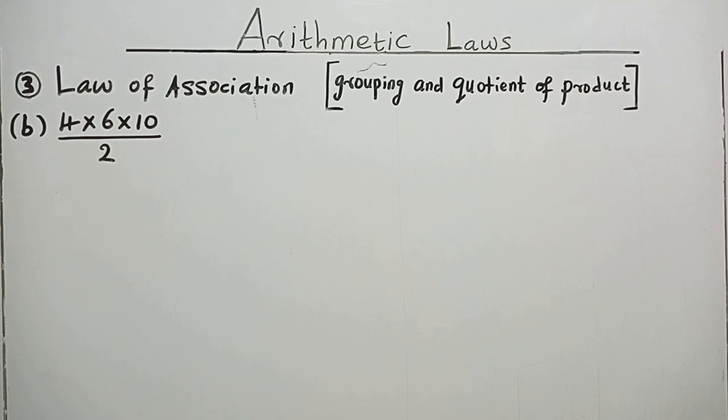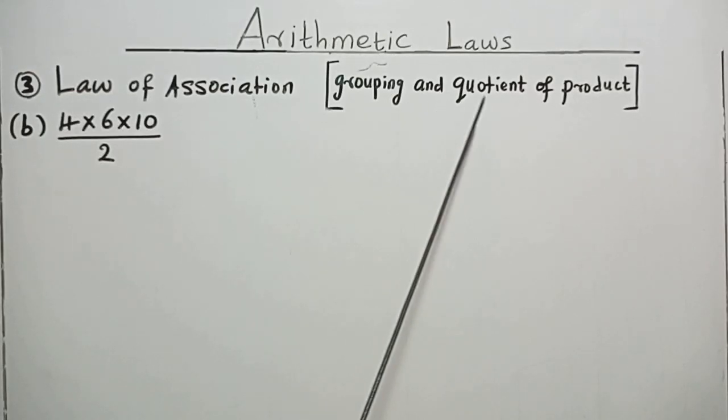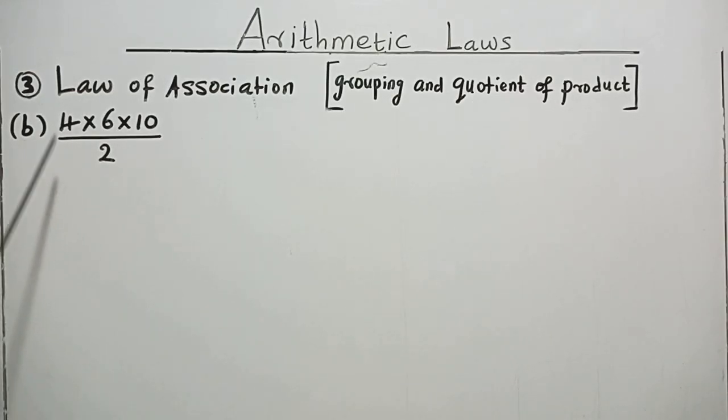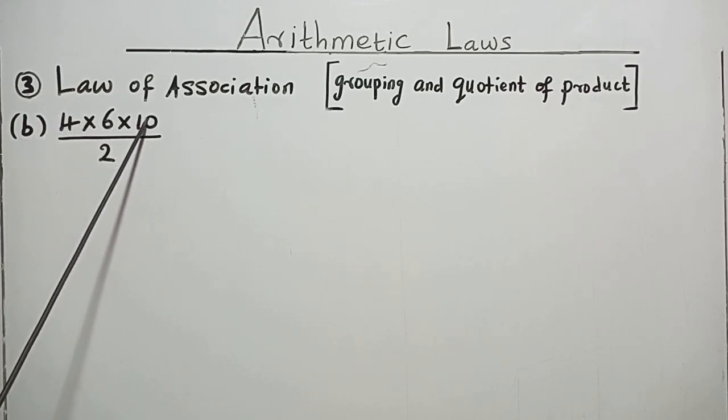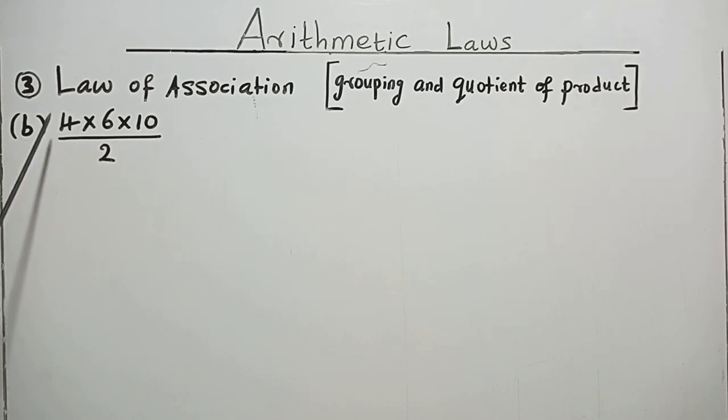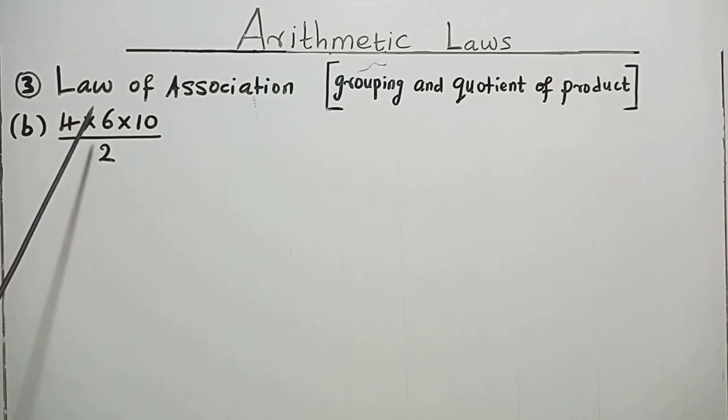Now, let us take this as the first of the experiments we want to carry out to devise a means of carrying out division of products. This is a product. 4 times 6 times 10 is a product, and we will divide it by 2. So when somebody says 4 times 6 times 10 all over 2, what does he mean?